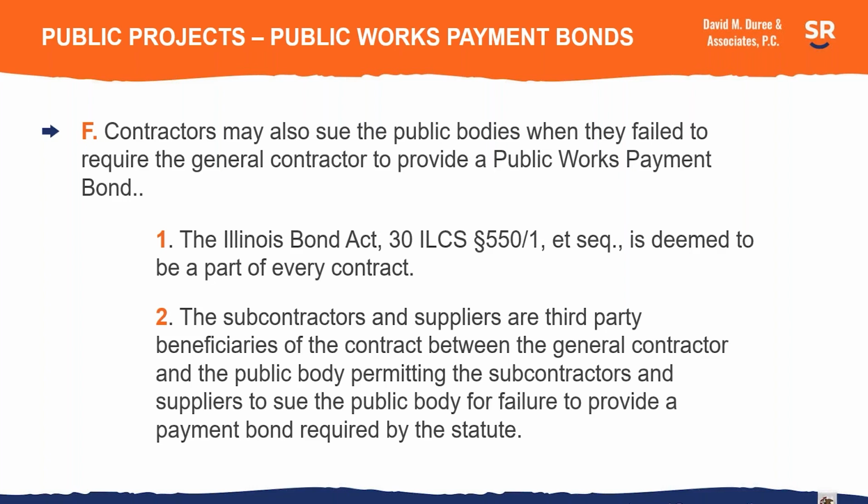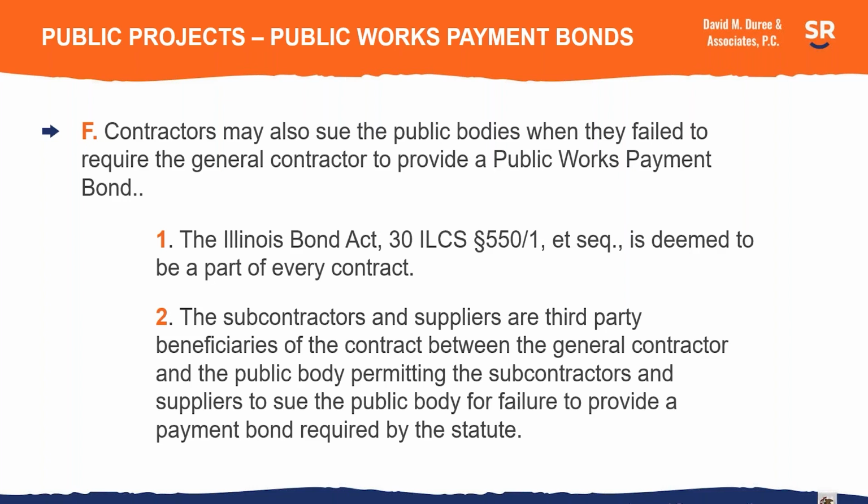Under such circumstances, a supplier or subcontractor may pursue a claim against the public body because the public body failed to provide the payment bond required by the bond statute. Under those circumstances, the Illinois Bond Act is deemed to be a part of every contract.